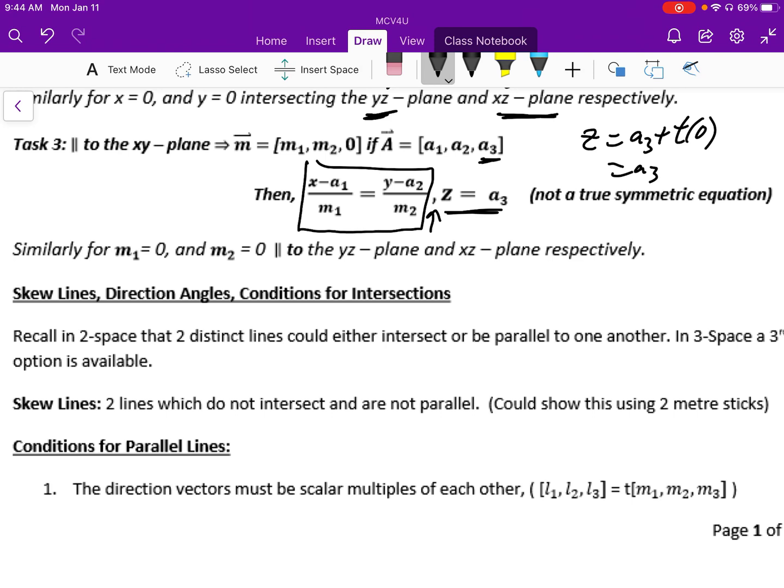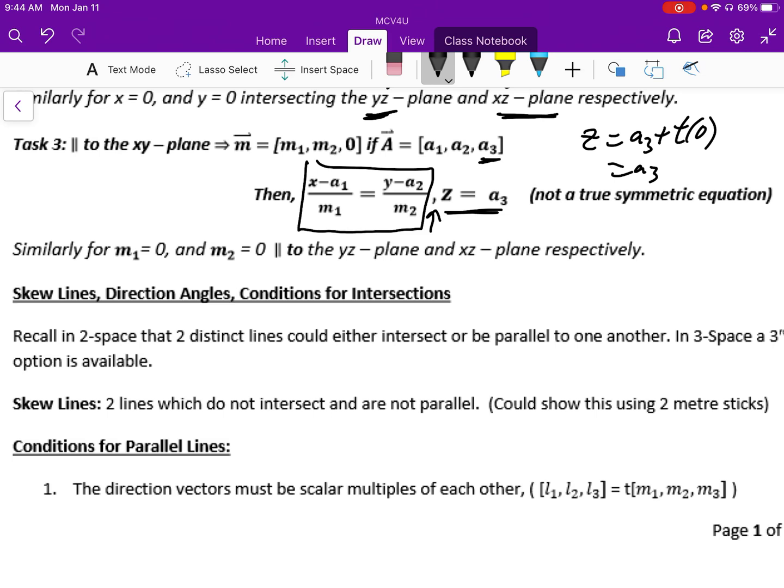But you see, we've got basically 4 things that could happen in 3 space. We could have two lines that are parallel to each other. We can have two lines that are the same, they're coincident, it's boring, right?